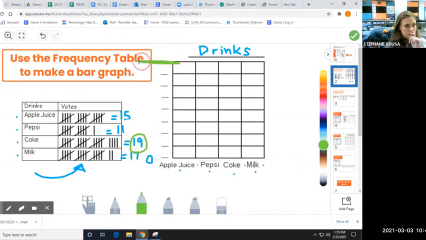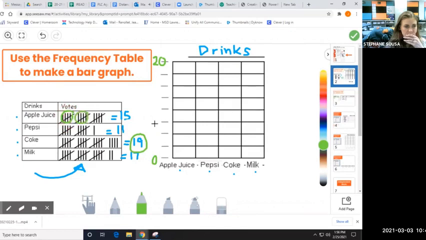That means my highest number here probably only needs to be 20. So from 0 to 20, I can think about a scale that makes sense. What are some different ways I could count from 0 to 20, not counting by 1? I could count by 2s, or 3s, or 4s. You got it. When I look at this data set, I already see them grouped by 5s.